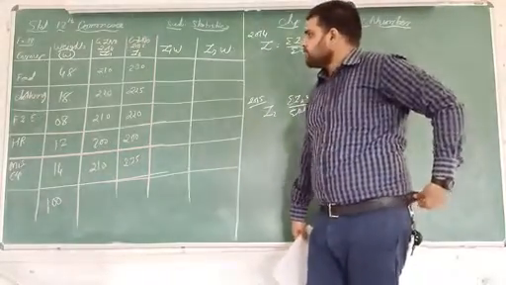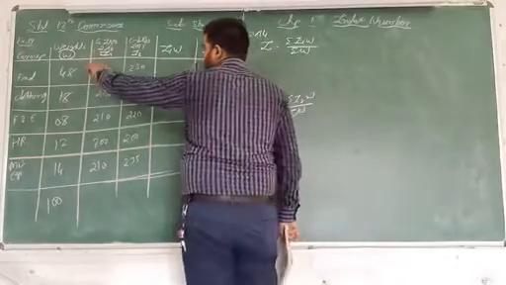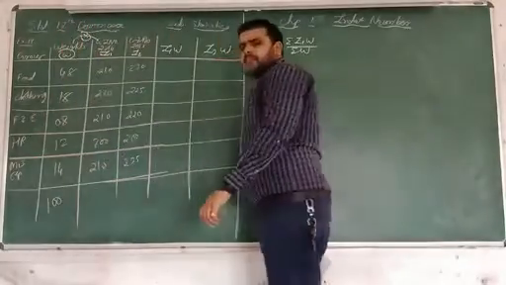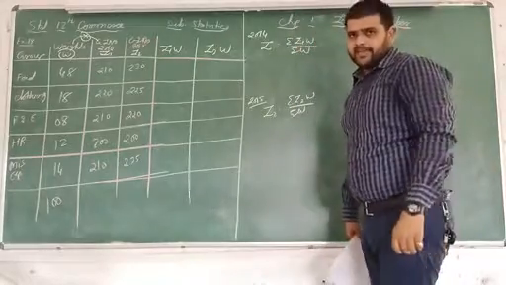So first of all, W is given, I1 is given. For year 2014, multiply both.